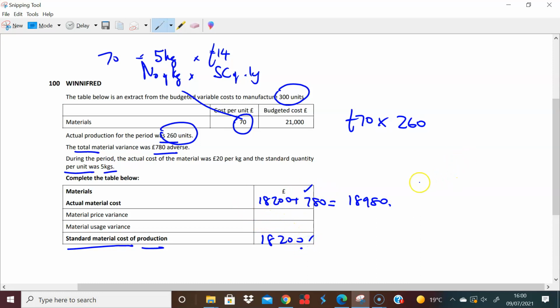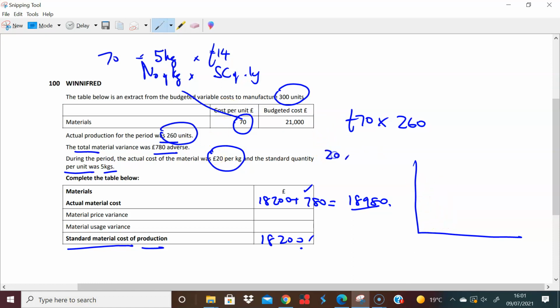Well, let me just draw a graph because I like these graphs. So I suppose the first question here is this: if I spent 18,980 on input, and the actual cost of material was £20 per kilogram, well, I can find the actual amount of kilograms I bought.